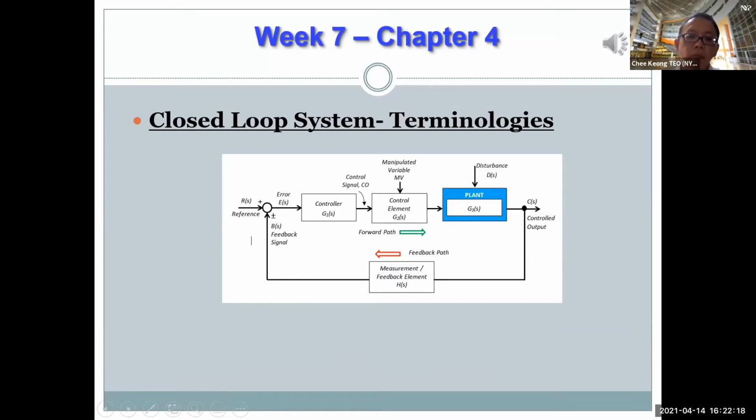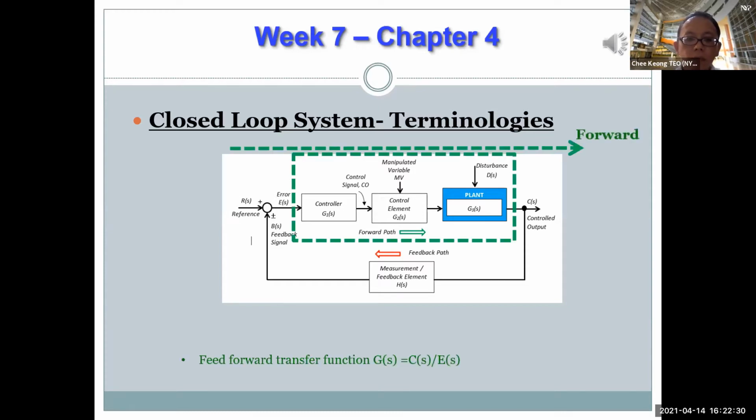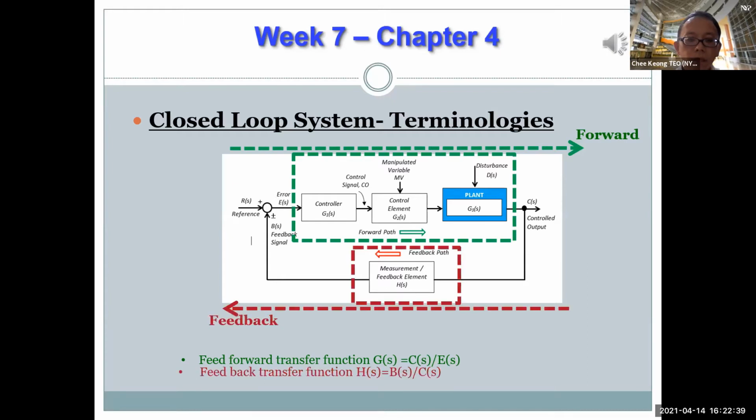Let's discuss the terminology in a feedback system, since it is a far more superior system compared to open-loop system. In a closed-loop system, there will be the forward and the feedback path. Any block or system that lies along the forward path will contribute to the feed-forward transfer function G(S).